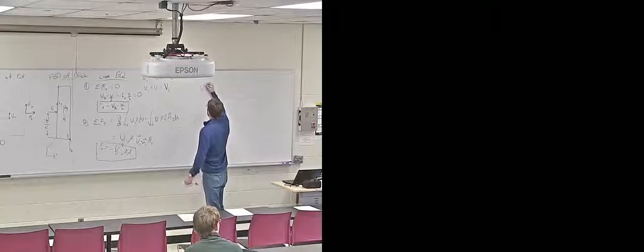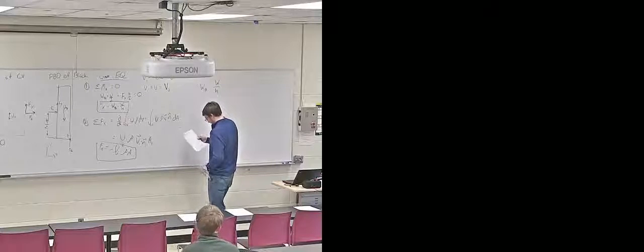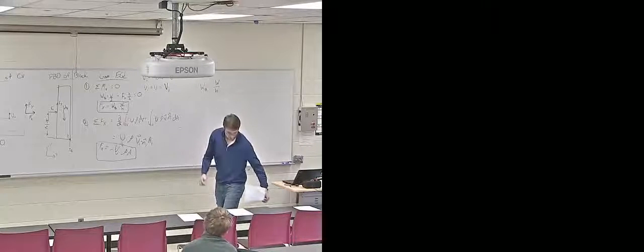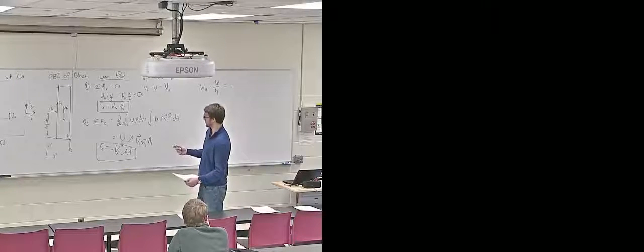So we've got W b over h, W over H, equal to negative. Wait a moment here. I've got an inconsistent negative sign here somewhere.